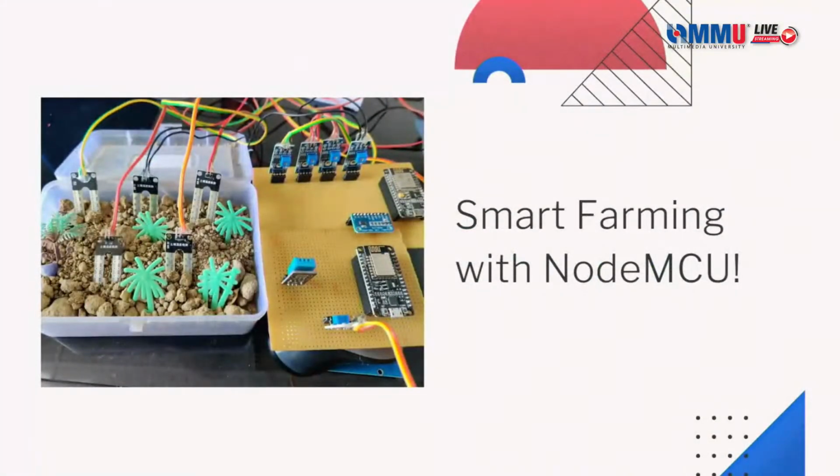So this is an example of a project showcase that is done. This is a simple smart farming project. If you notice, there's a blackboard here. This is what we call a NodeMCU. NodeMCU is the same thing as Arduino, except that NodeMCU has Wi-Fi on it.